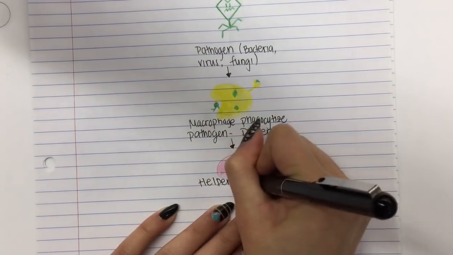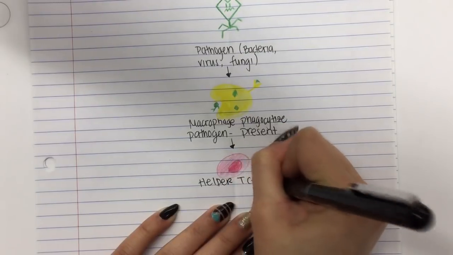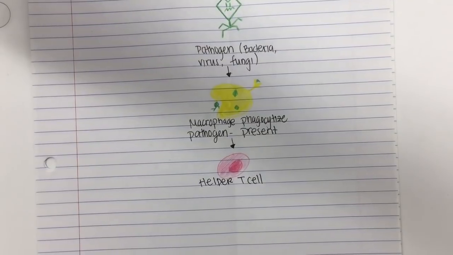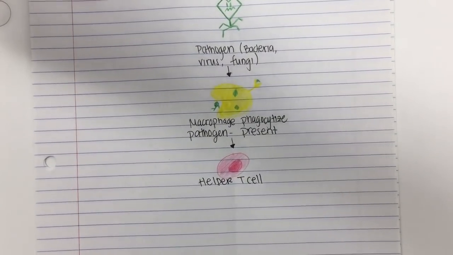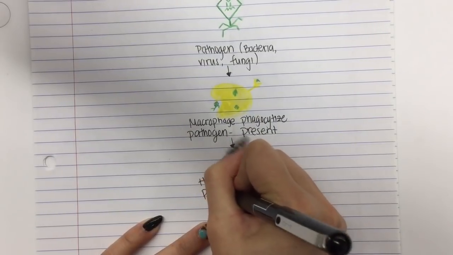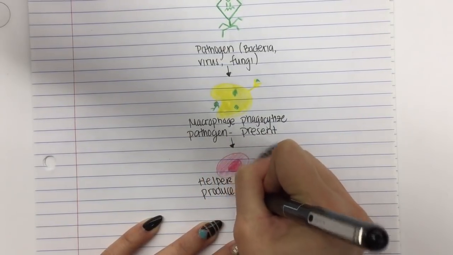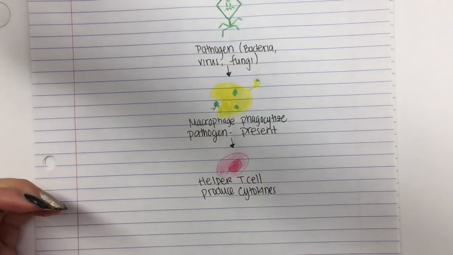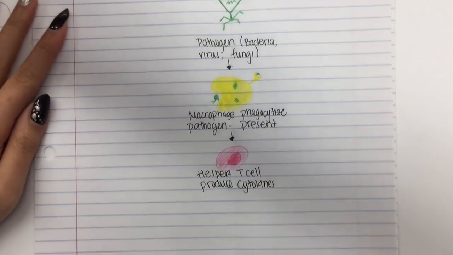There are quite a few different types of helper Ts, and most of them will produce something called cytokines. So cytokines are little proteins.